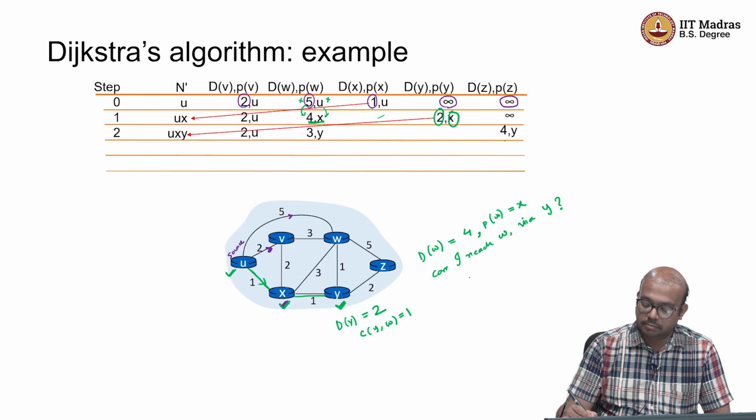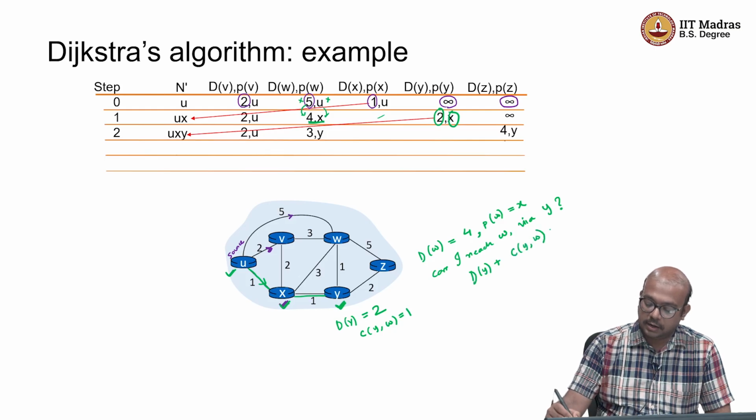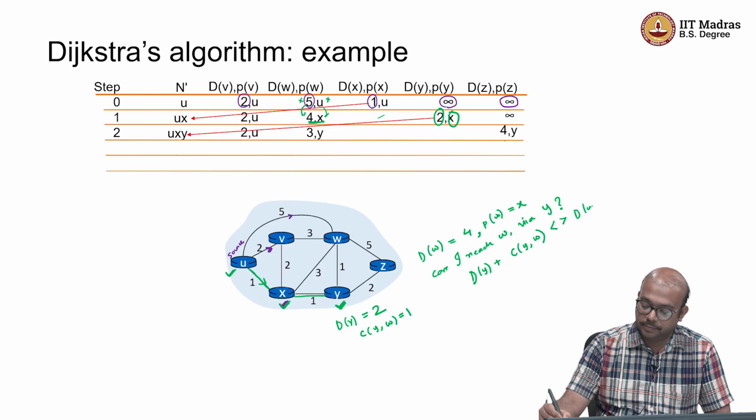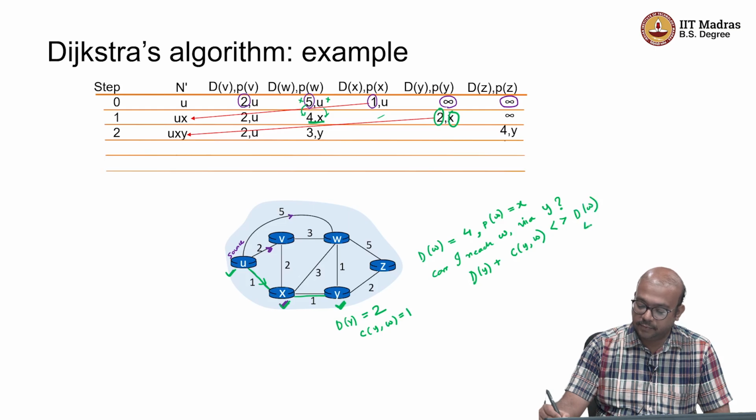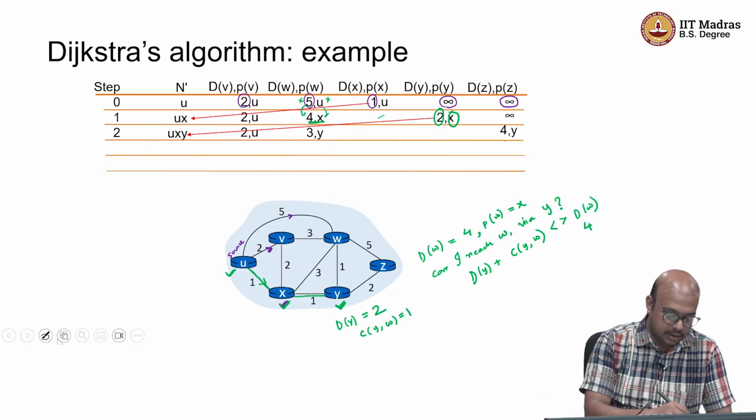We need to see whether dy plus c of y comma w is greater than or lesser than the current dw. If yes, we have to update. So, now if we look at dw's value, it was 4, right.